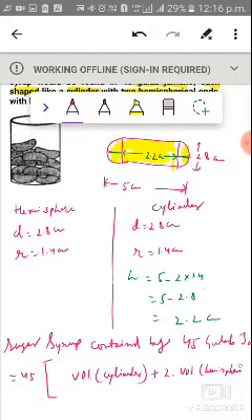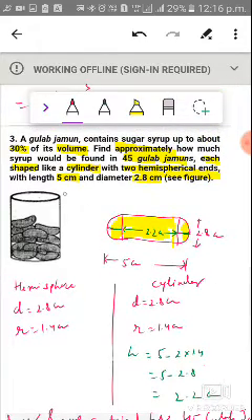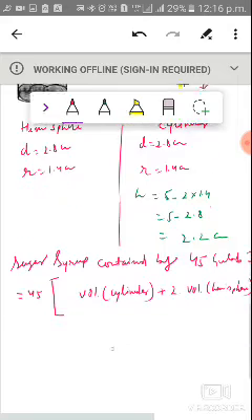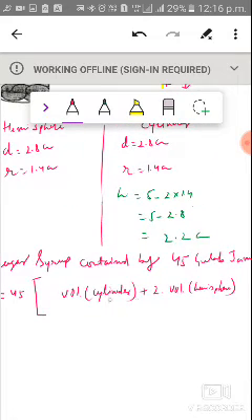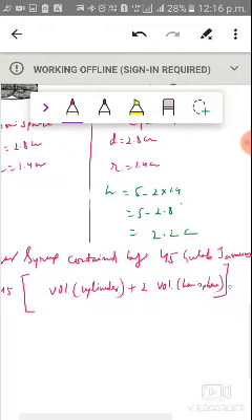And you know how much sugar syrup 1 gulab jamun contains? That is 30% of its volume. So this is the volume of 1 gulab jamun, and we need to find 30% of it. Okay, right?